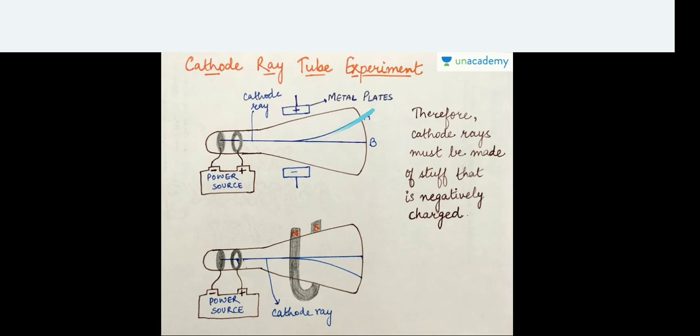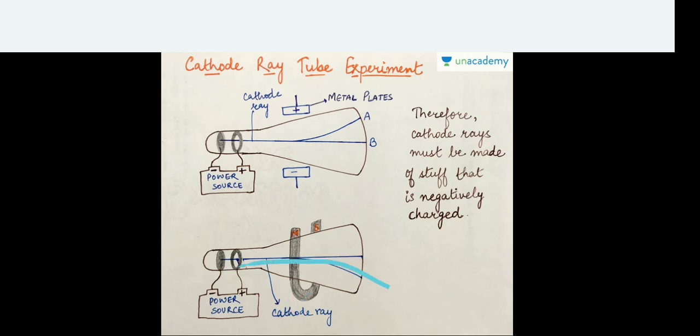Further, to confirm his experiment, he also introduced a magnet instead of charged metal plates and tried to find out if there was still a deflection in the cathode ray. Because if anything has an electrical charge and it's moving, the magnet will push it in a particular direction. As soon as he inserted the magnet near the cathode tube, again he observed a bending of the cathode ray.